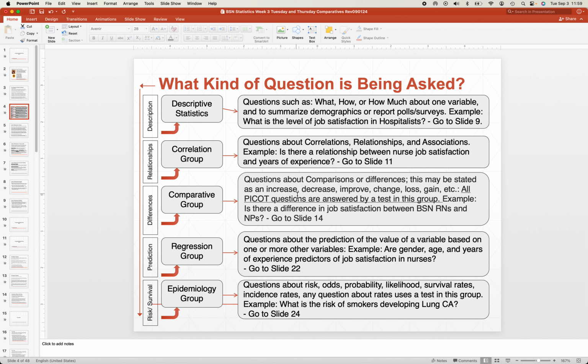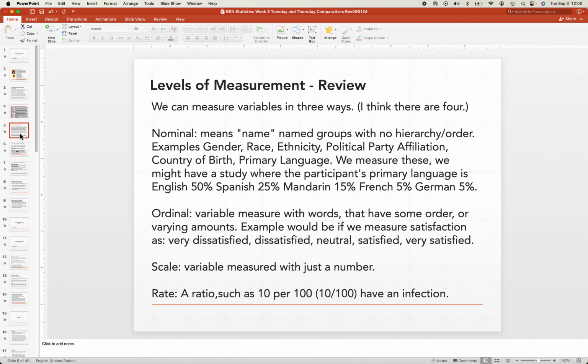And finally, we have the epidemiology group, where we're looking at risk, odds, probability, likelihood, survival rates, incident rates. Anytime we're studying a rate or a difference in rate, comparing rates, or what is the rate of something, it all falls into this category of epidemiology tests, which we'll cover in another class.